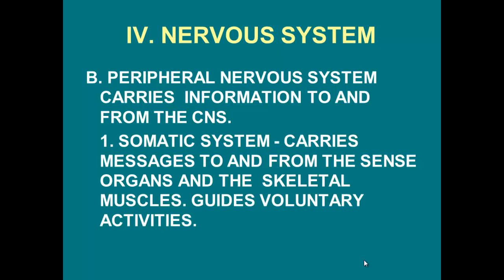So the somatic system guides voluntary activities. Somewhere up here, I just decided to pick up my arm. So I say, Steve, pick up your arm. Well, the somatic system sends a message down to my shoulder to pick up my arm. Then I say, wiggle my fingers, and I wiggle my fingers. All that message goes through the somatic system, because it controls voluntary aspects. Now, if I can't wiggle my fingers, then what?